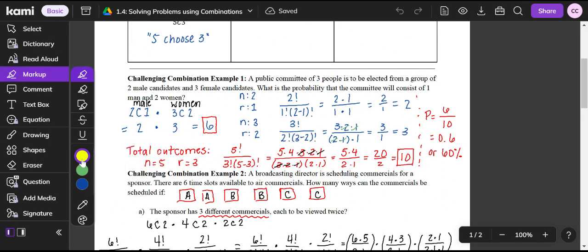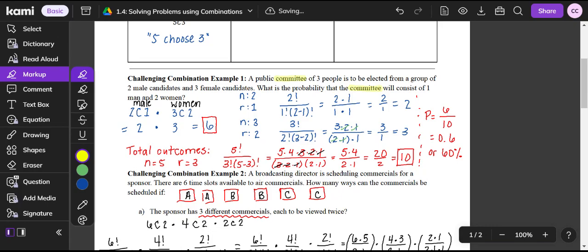All right. It says in the first one, a public committee of 3 people is to be elected from a group of 2 male candidates and 3 female candidates. What is the probability that the committee will consist of 1 man and 2 women? This is another very common combination problem. There actually is a keyword here, committee.